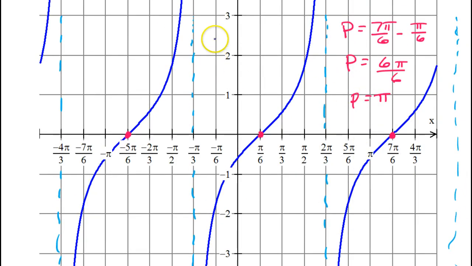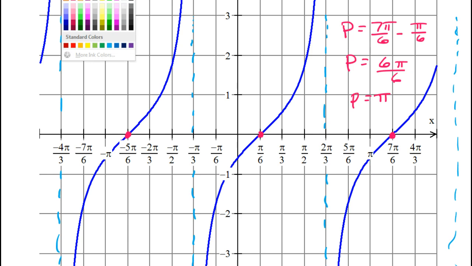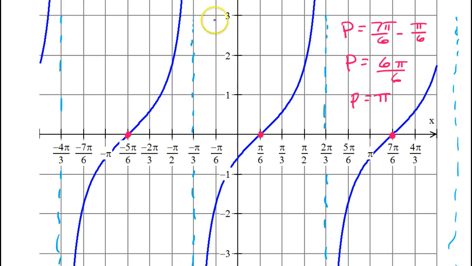Now, if you need me to follow through on that, I can do that. We know that the period is the natural period divided by the b value. In this case, the period is pi. So pi is equal to pi divided by that b value. If I swap these, I find that the b value is equal to pi over pi.